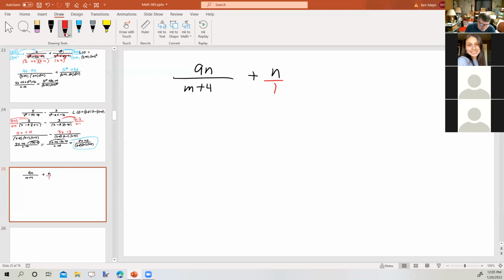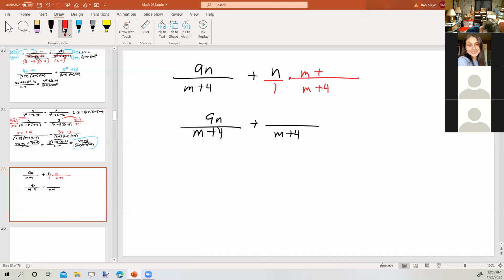What's the least common denominator of m plus 4 and 1? M plus 4. Correct. So the first fraction, I don't need to do anything to it. The second fraction, I'm going to multiply the denominator by m plus 4, which means I multiply the numerator by m plus 4, so my new numerator is mn plus 4n.